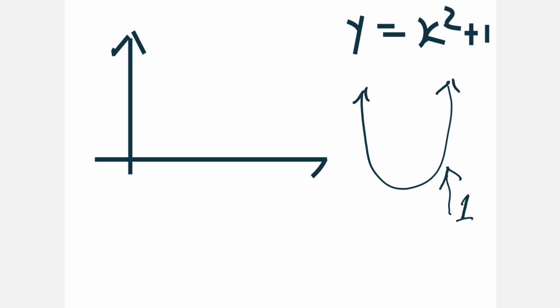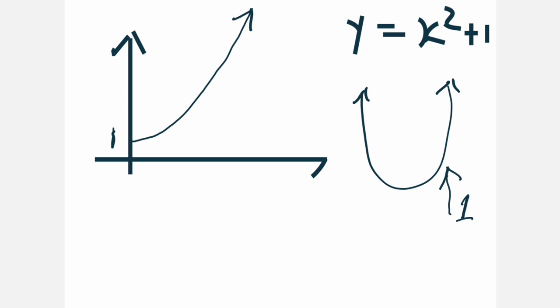So here on 1, we are going to add our parabola curve. There we go. That's our curve. So this will be at 1 as it's on x squared plus 1.